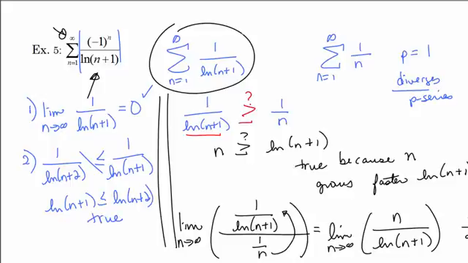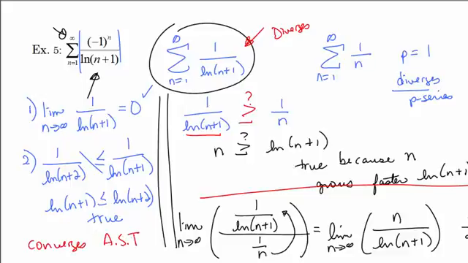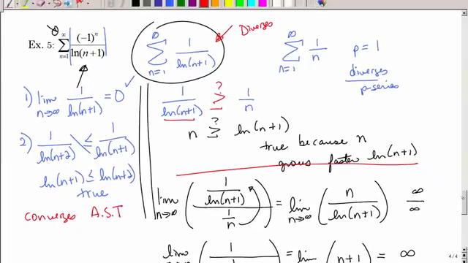Okay, so the absolute value diverged by the limit comparison test, or you could have made a case for the direct comparison test. But the original series converged by the alternating series test, so we can say that the original series converges conditionally. That one was a little bit harder.